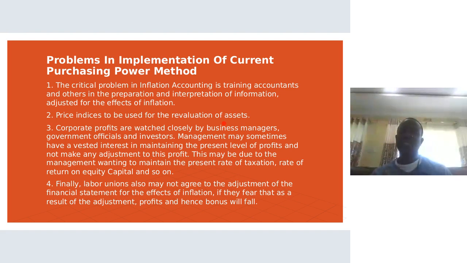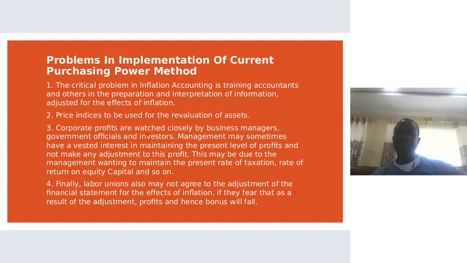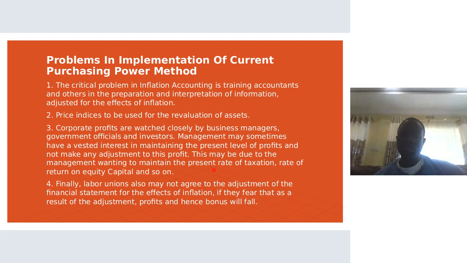The other challenge is that you will find that the profits are watched very closely by business managers, government, and even the investors. Therefore, the management have got a lot of interest. So that may make it very difficult to use this.